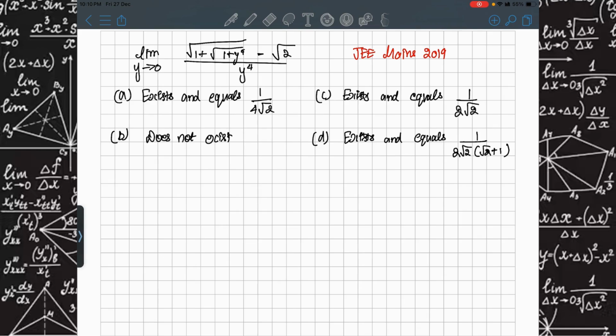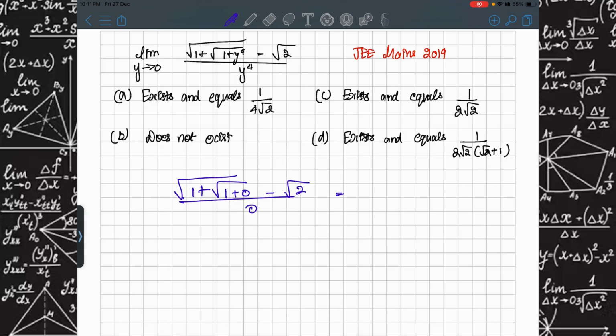Okay, so here we can see that it is in 0 by 0 form. How is it 0 by 0 form? Substitute y with 0, it will become 0. So it will become 1 plus root of 1 plus 0, minus root 2, divided by 0.